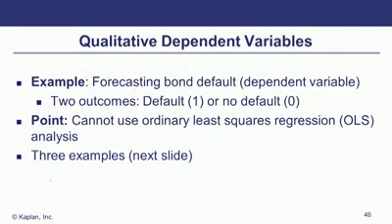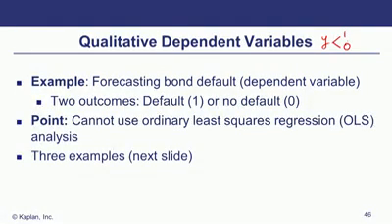Okay, now moving on to qualitative dependent variables. Now, earlier in our studies, we saw a qualitative independent variable, which was called a dummy or binary variable. So that's when X was qualitative, when X was binary. Now we've got a situation where Y is binary. So Y can take the values of 1 or 0.